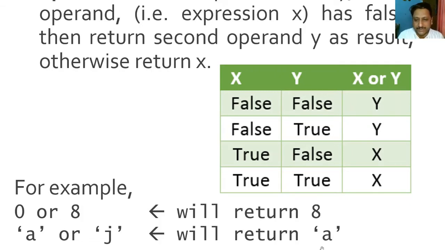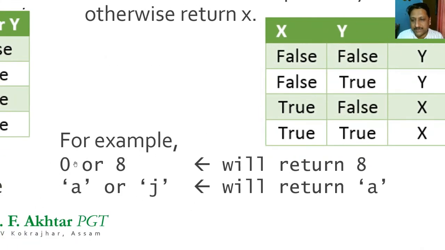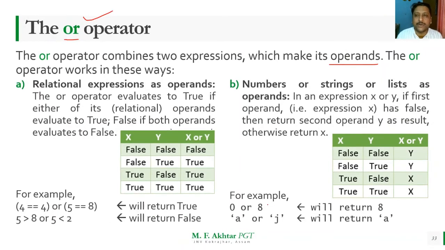See the example here: 0 or 8, two number values. 0 gives you false, so it will return 8. A or J, both are positive values, so it will give you the first value, A. Accordingly you can use this OR operator.